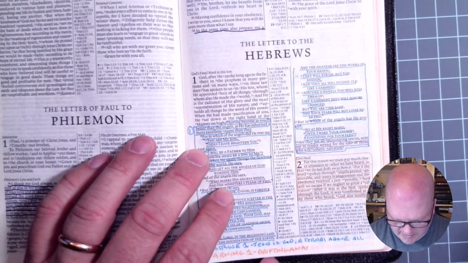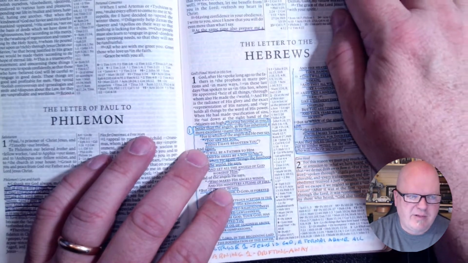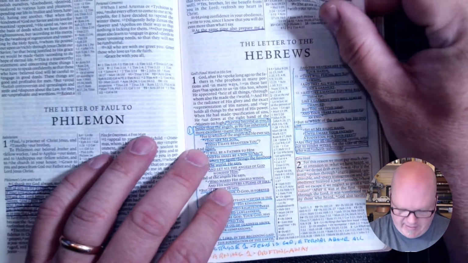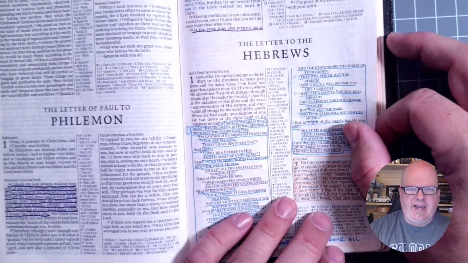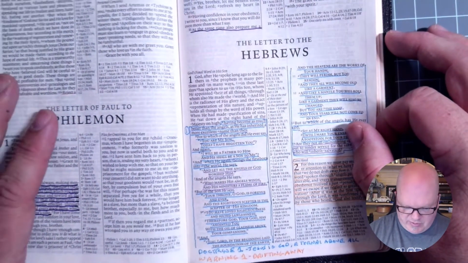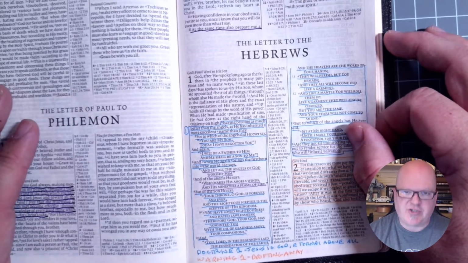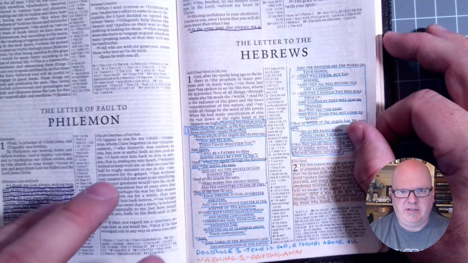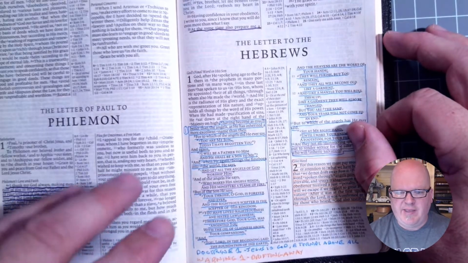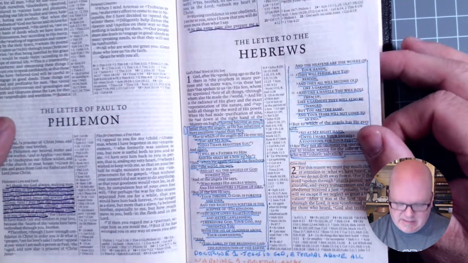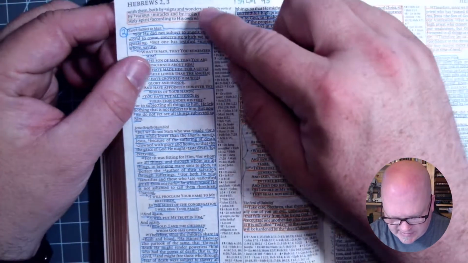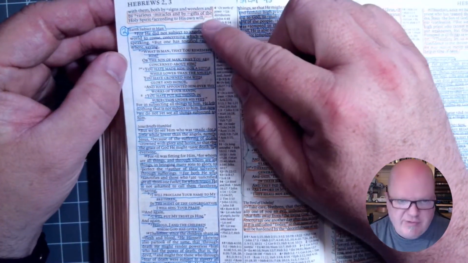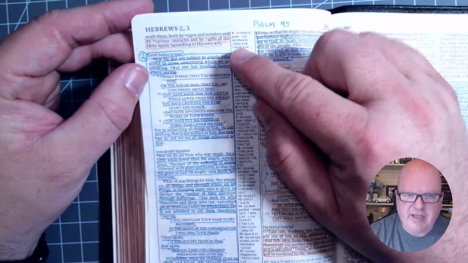Then warning 1, the peril of drifting away. That first warning section starts in chapter 2. All of the book of Hebrews is structured this way, where doctrine is presented, and then warnings are presented.